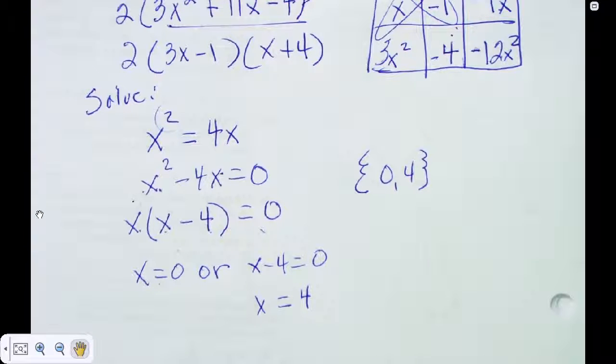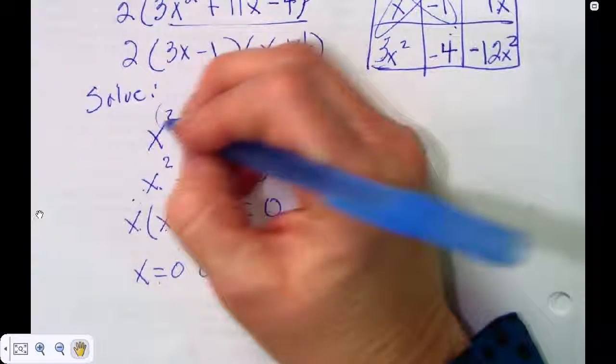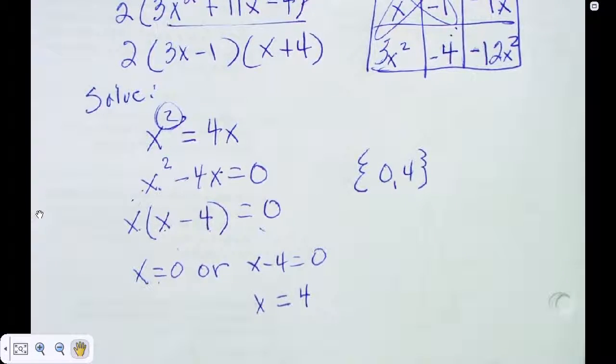Okay, so that's the main thing. When it says solve, you're trying to find what x or y or a equals. You're trying to find the solution for it. If it's got a quadratic in it, then you know you're going to probably have 2 answers. Okay?